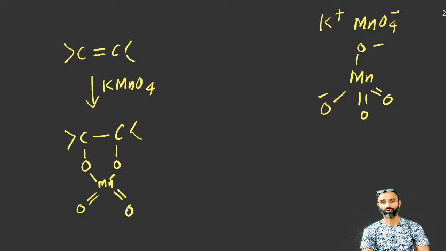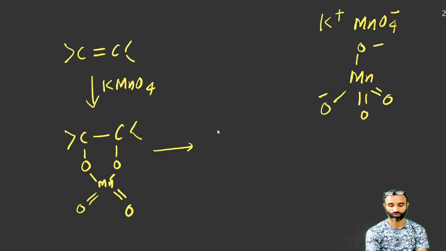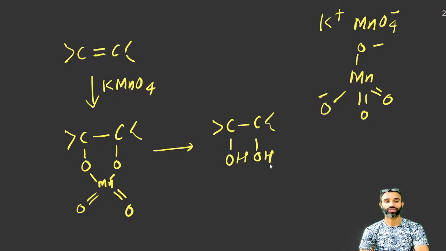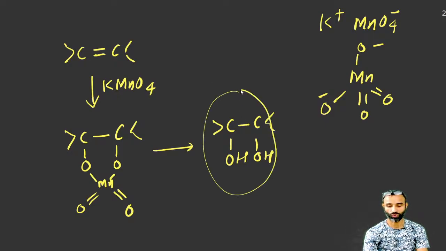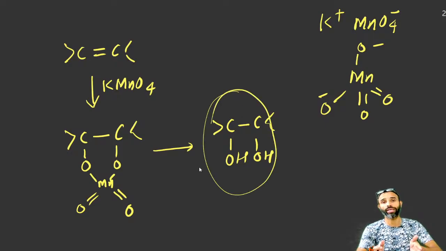This type of product is formed, followed by hydrolysis. It is like this, plus MnO2. So this is the syn addition, which means OH groups are attached on the same side of the double bond.